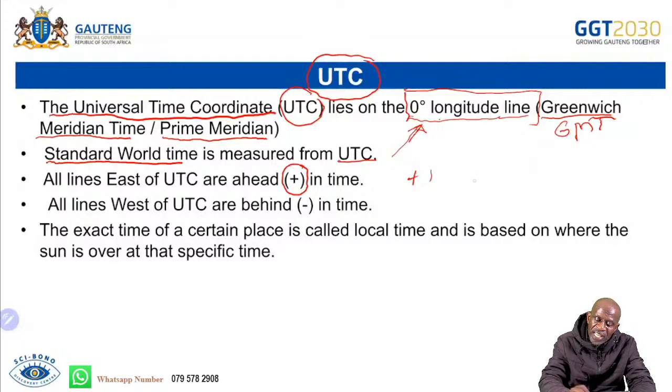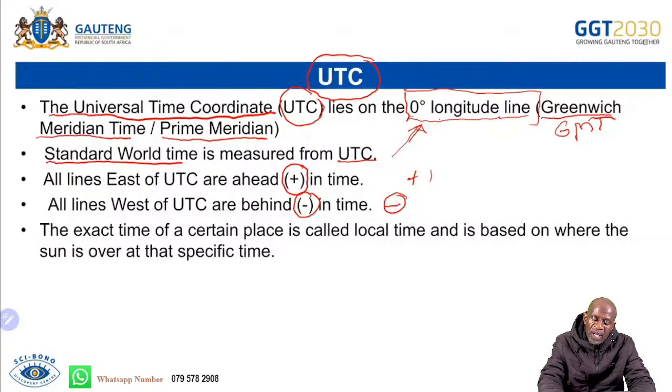I'll explain the whole idea behind that as we move on with our discussion. All lines west of UTC are behind, so they are indicated by the negative sign, to indicate that all countries in the West are behind in time, and they are indicated with the symbol minus.